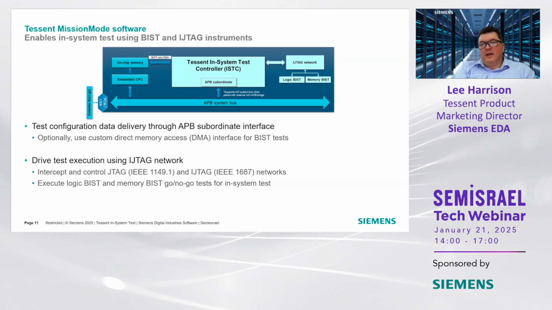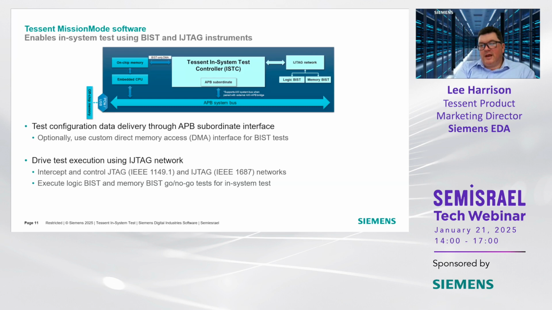Mission Mode is our in-system test product, which enables you to effectively configure and load test data sequences for your logic-based and memory-based architectures, and enabling them to be able to run in system.